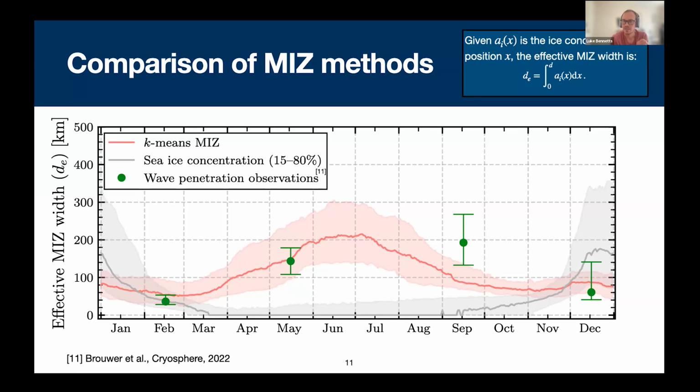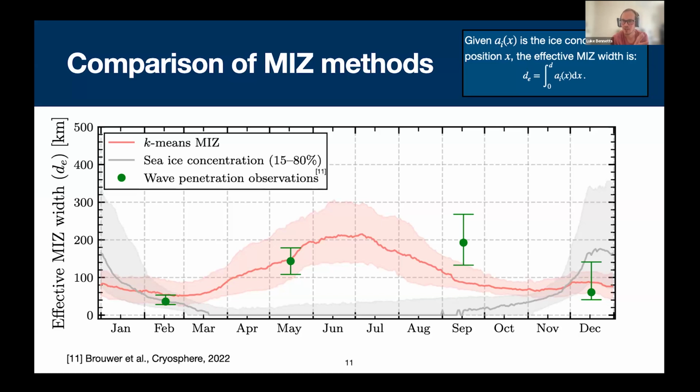So they are observations of wave penetration distances into the marginal ice. So it's an entirely different way of thinking about the width of the marginal ice zone. But the agreement is really remarkable. I know there are a few differences, but they're just looking at particular regions and much smaller data sets, and I think just over 1 year.